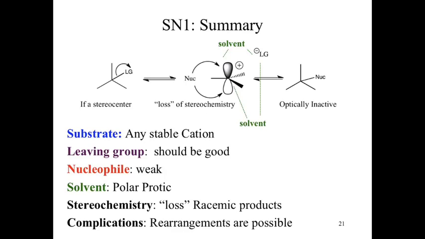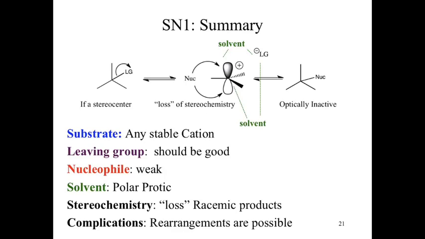So it ends up becoming weak, kind of by default, and we'll talk about why we don't want it to be strong when we move into the next mechanism. Solvent, we want polar protic. It needs to be protic because it can stabilize the carbocation, which goes through our whole rule on SN1: carbocation stability. The more stable that cation, the more likely it occurs.